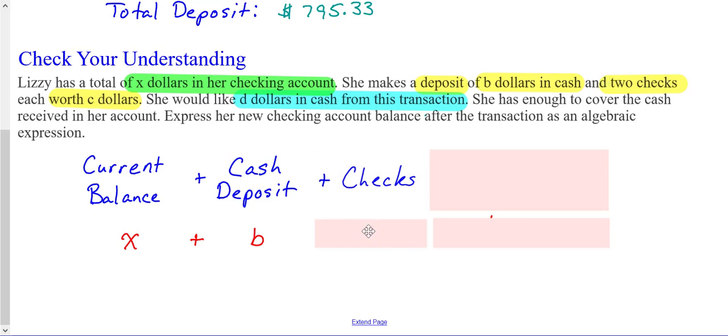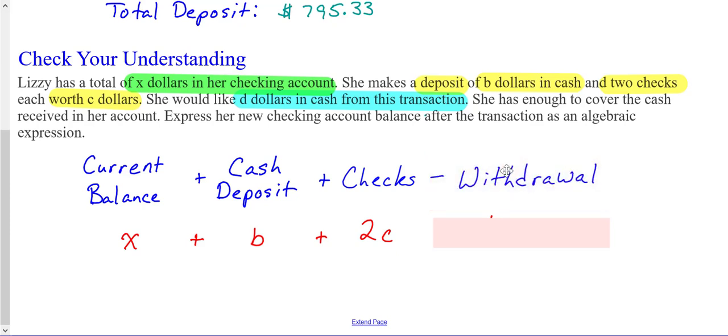So we would represent that as 2C because we're assuming that the checks are worth the same amount of money. And the last thing is we're going to use the highlighted blue to show what we are subtracting. We're subtracting or withdrawing the D dollars. And X plus B plus 2C minus D would be our algebraic expression.